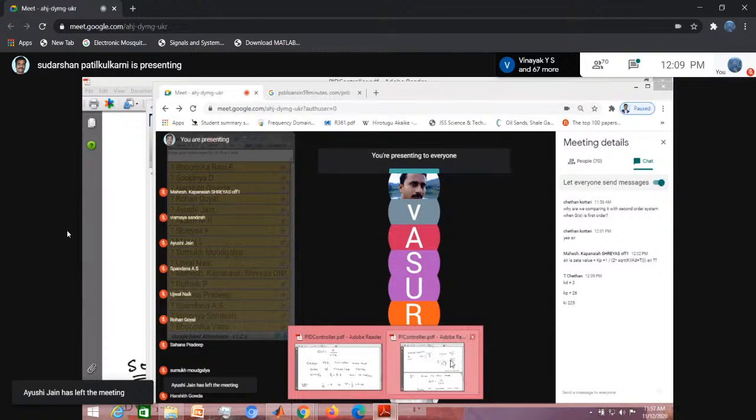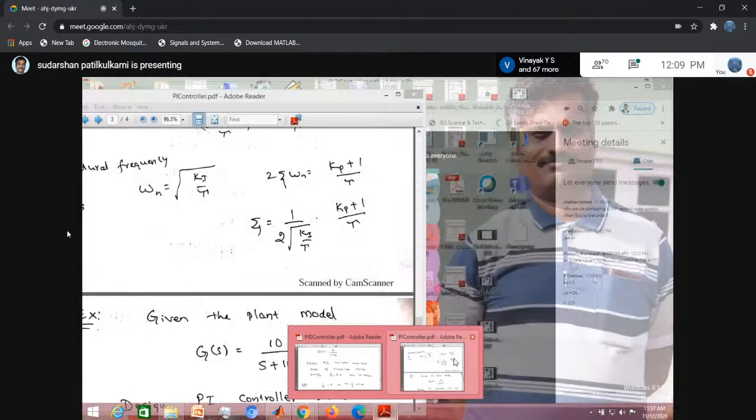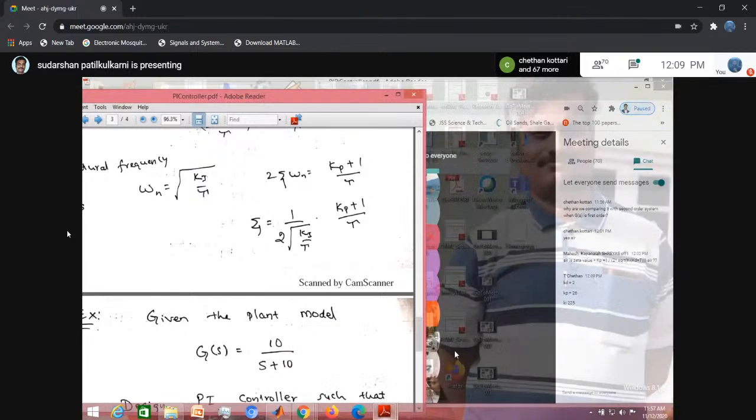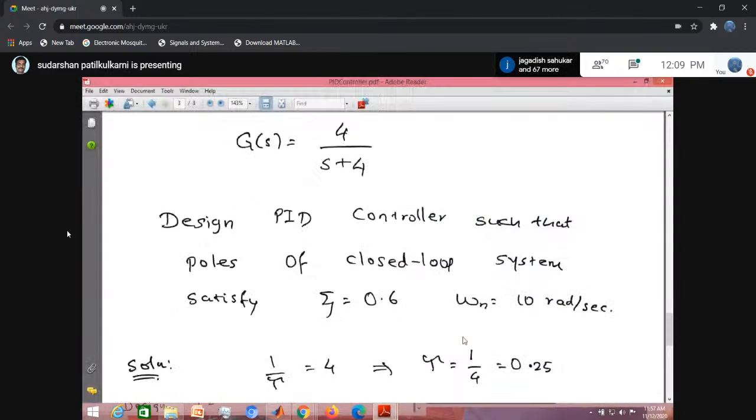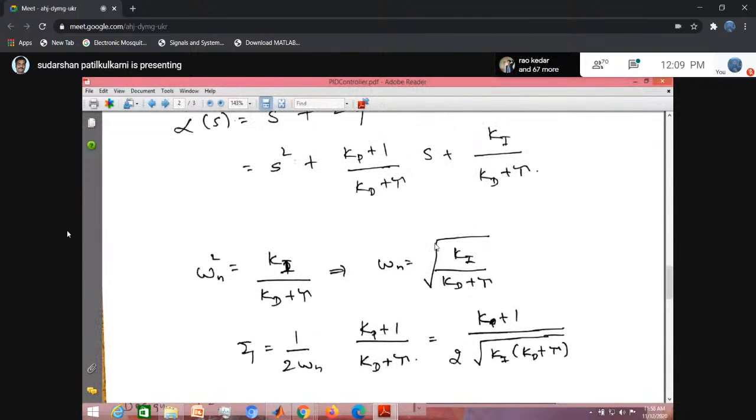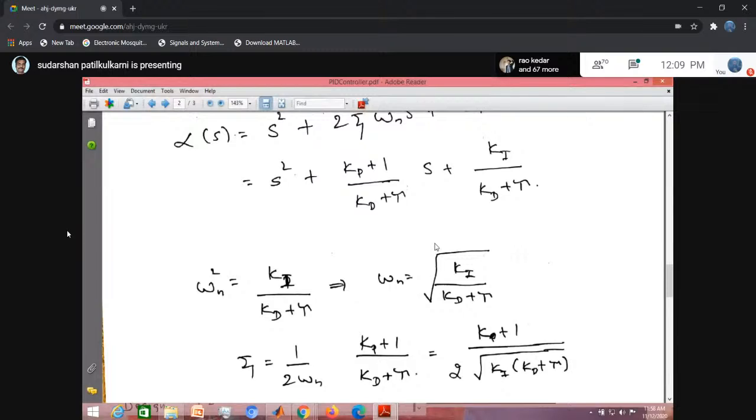Is that correct? If Kd equal to 2, so 2.25, Ki will be 225.